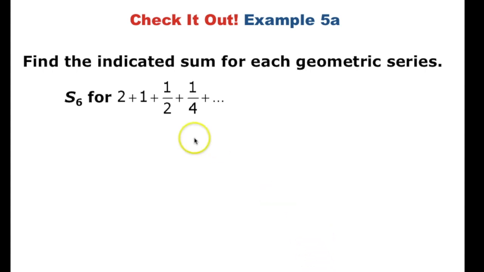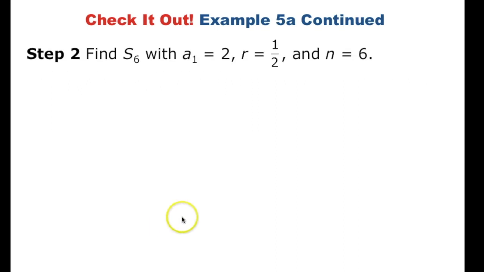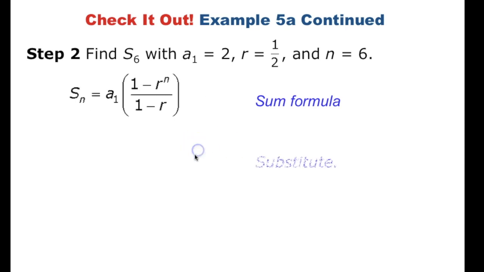We can do that again. Notice my ratio here is 1 over 2, which is 1/2. You can see every term is being multiplied by 1/2, or divide any term by the previous term. We know the first term is 2. We want to find the sum of the sixth term.